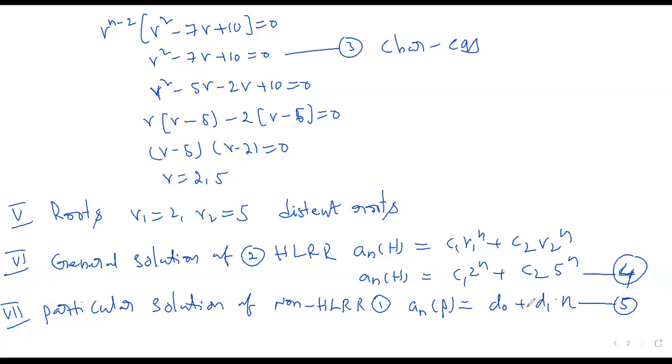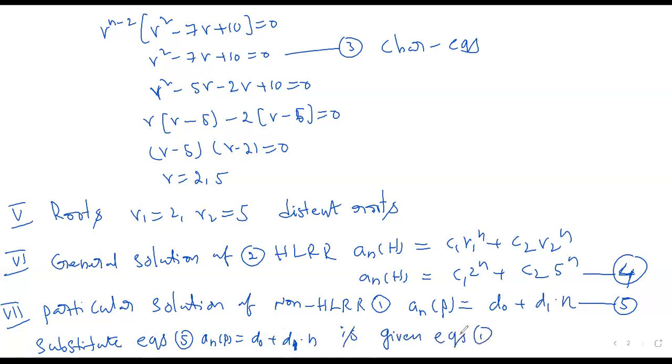We have to substitute equation 5, an of p equals d naught plus d1 into n, in the given equation 1.